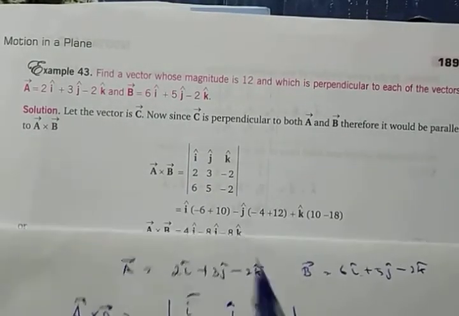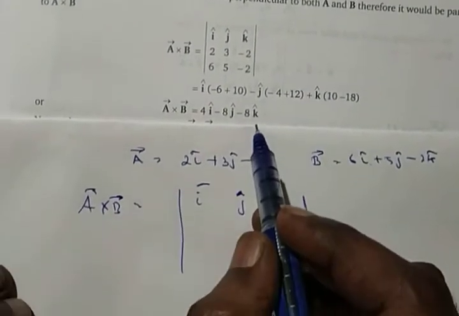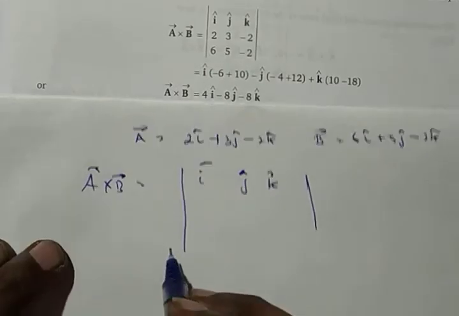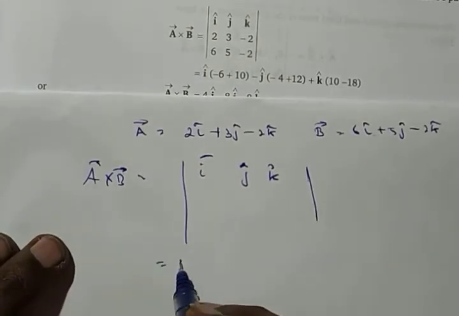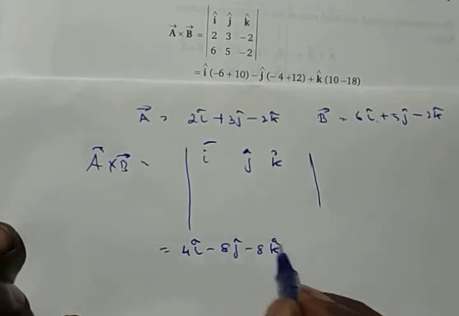I'll just write the answer. They have done the A cross B and got 4, minus 8 and minus 8k. So you get here 4i cap minus 8j cap minus 8k cap. You will get A cross B.